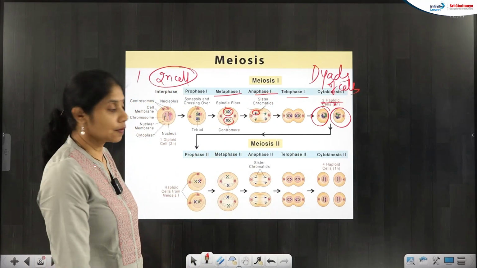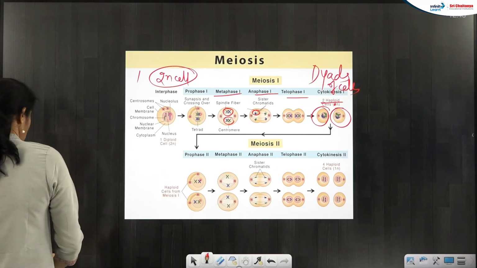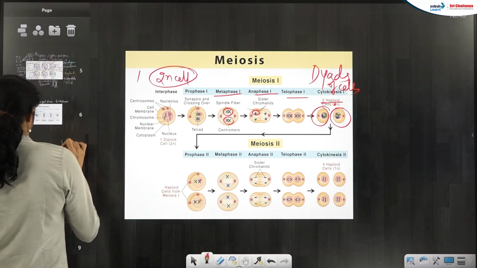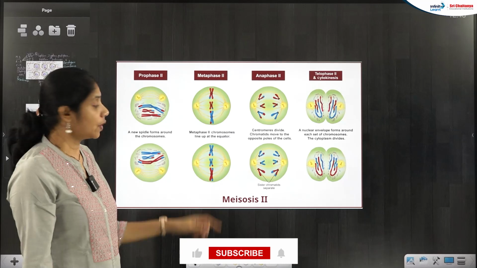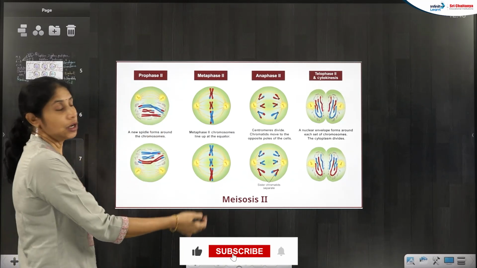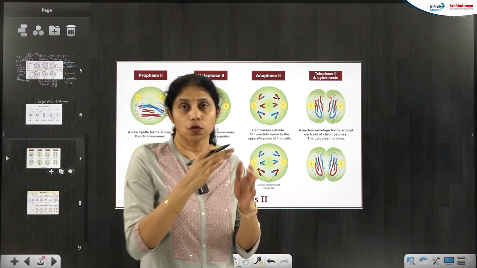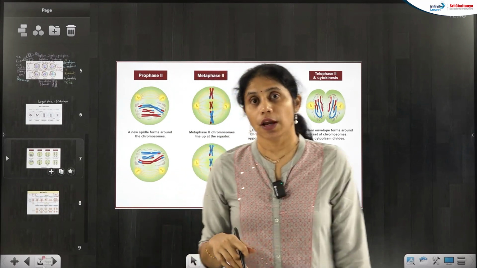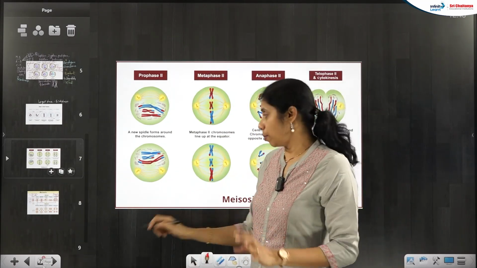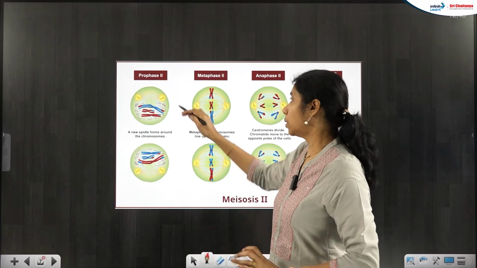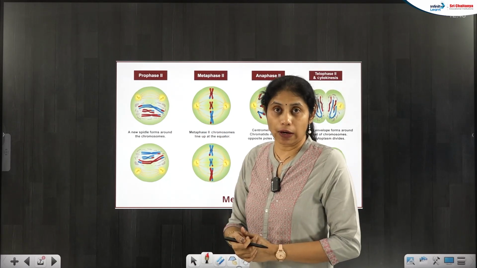Now, these two dyads of cells will enter into the meiosis 2. In the meiosis 2, what happens? In between meiosis 1 and meiosis 2, we have interkinesis, where the DNA will not replicate, but RNA and protein synthesis will happen.